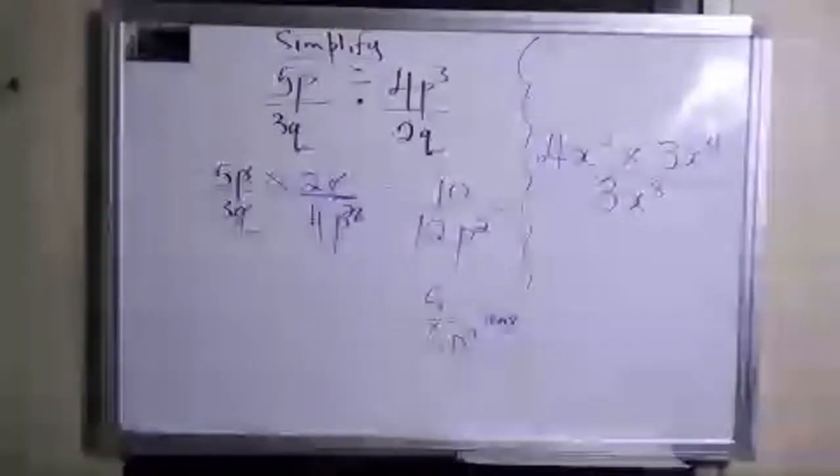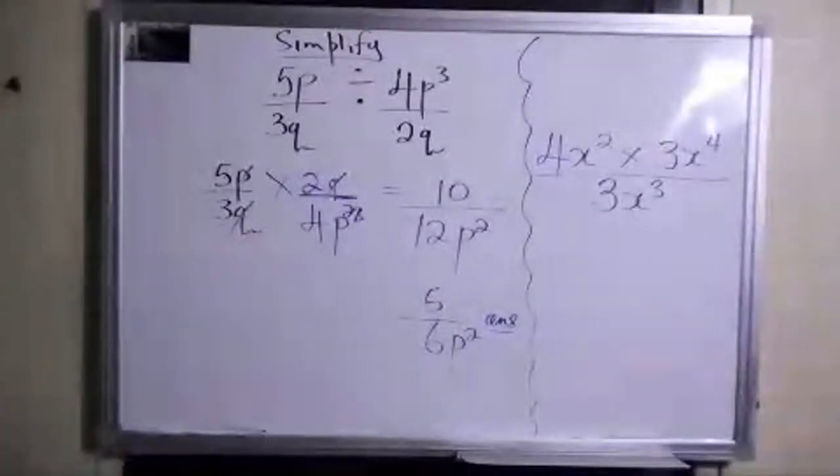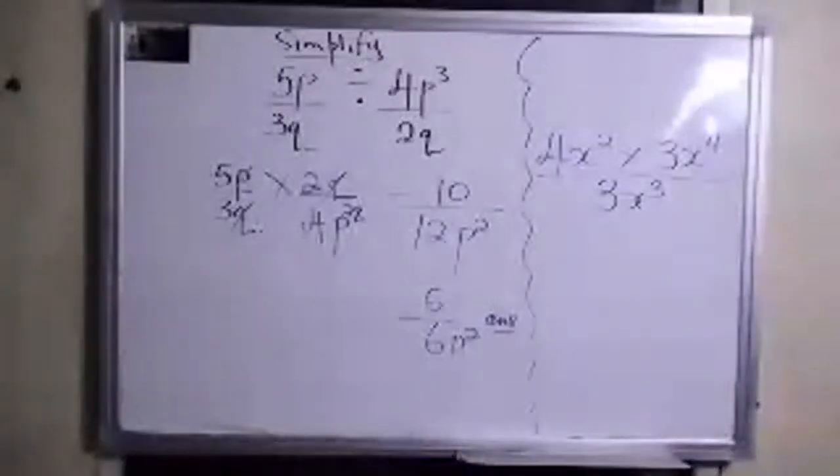Alright. So we have 4x squared times 3x to the 4th divided by 3x cubed. Two ways we can do this. We can do the top first and then divide, or we can just cancel. But we're going to do the top. So 4 times 3, that's 12, because notice it's multiplying. Now the law of indices states that when we're multiplying and the base is the same, we add the powers.